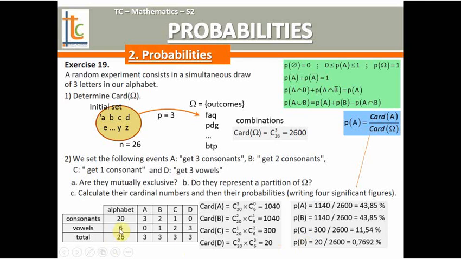Of course, vowels are not in majority in the alphabet, so the chance to pick at random 3 vowels when taking 3 letters at random in the alphabet is very low, less than 1%.